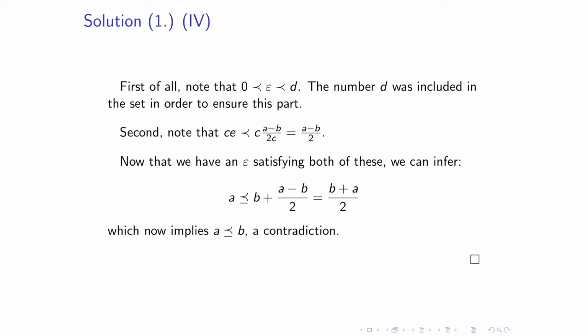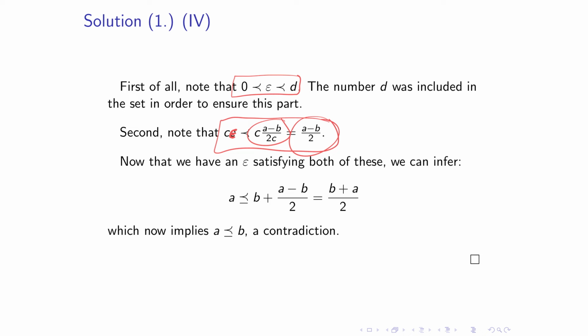So, based on the construction of epsilon in the previous slide, we know that epsilon is between 0 and D. We can also show this. Oh, that should be an epsilon. So C times epsilon. By changing out epsilon for something that is bigger, we get C times that, and canceling the C's, we get that.